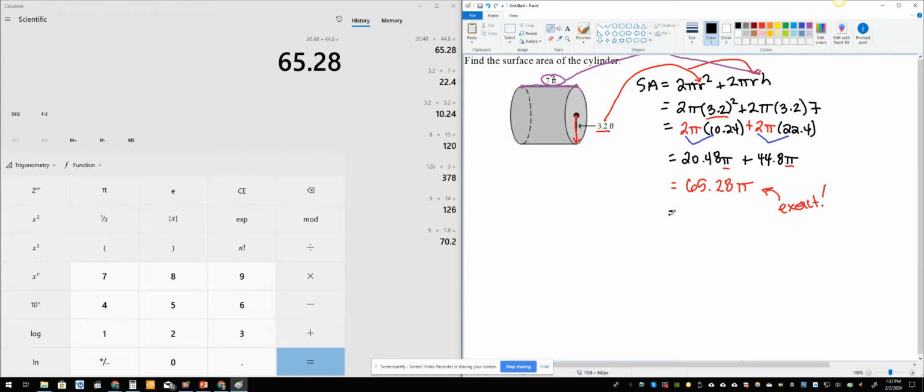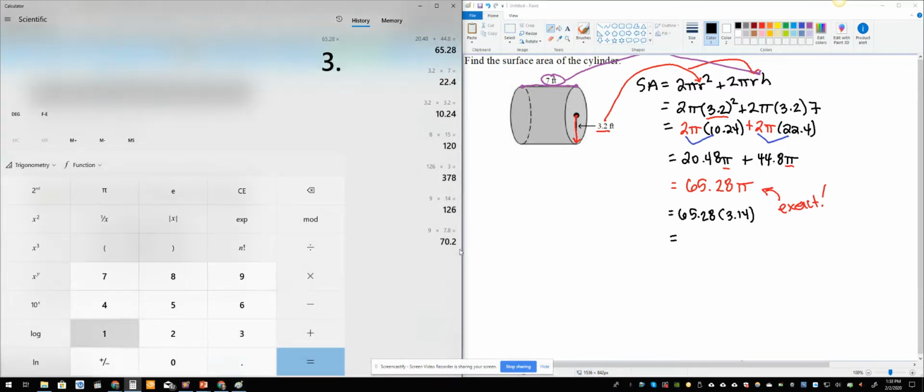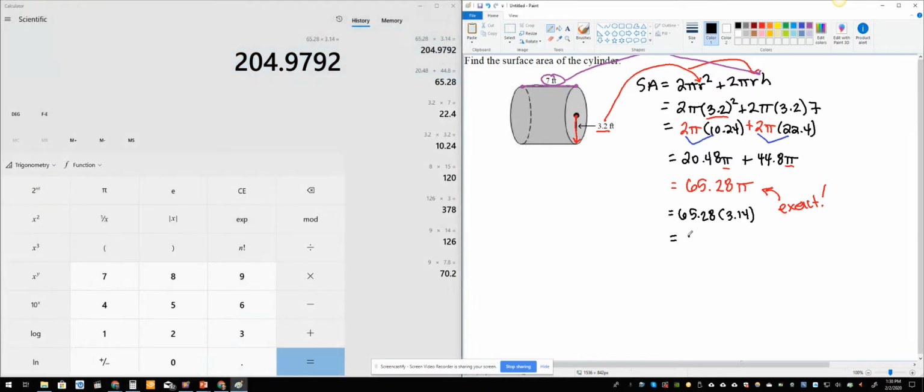So this is now going to be 65.28 times 3.14, and that's going to be equal to a total of 204.9792. Wonderful. And again, this is going to be in feet squared.